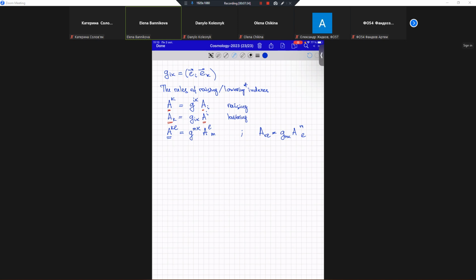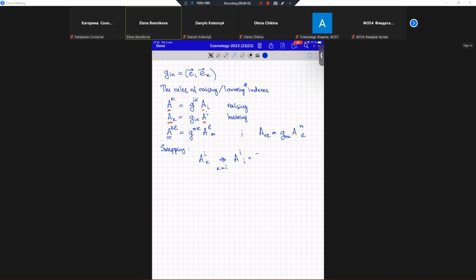There is also the procedure of swapping of indexes. As an example, if we have some tensor of the second rank A_ik, but if we consider the same indexes, so I just put k equal i, what does it mean?